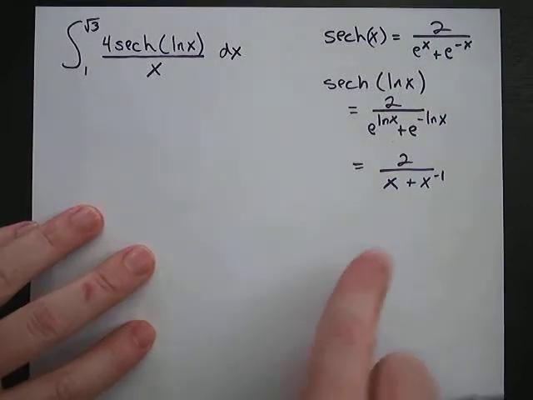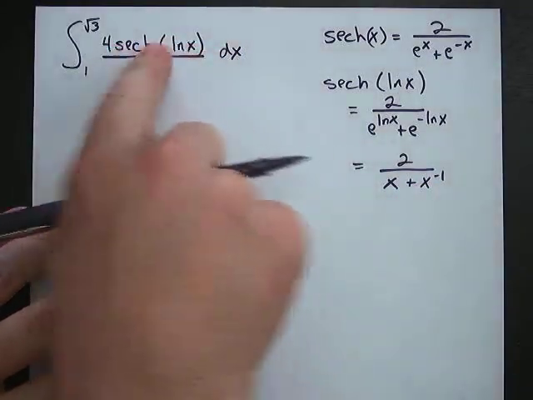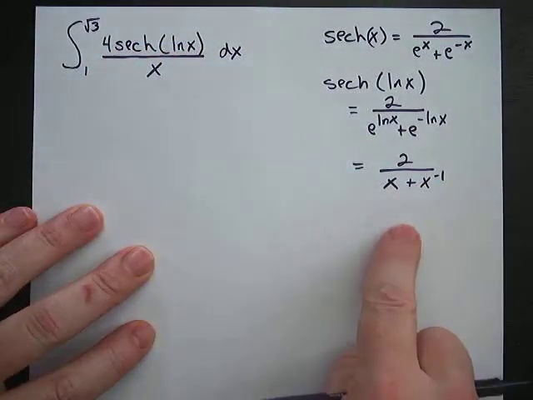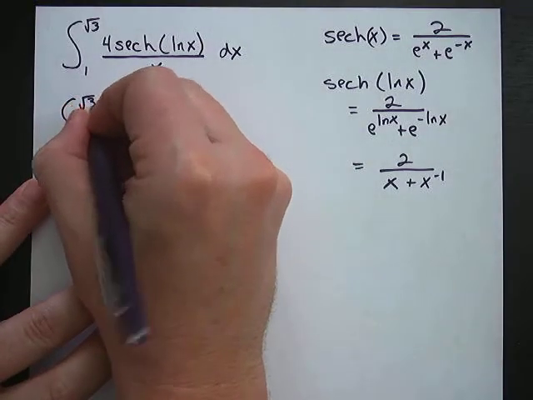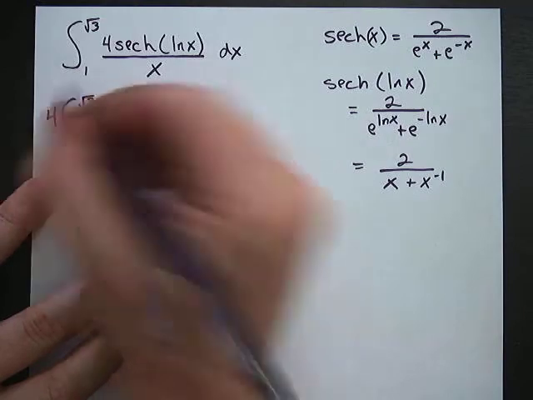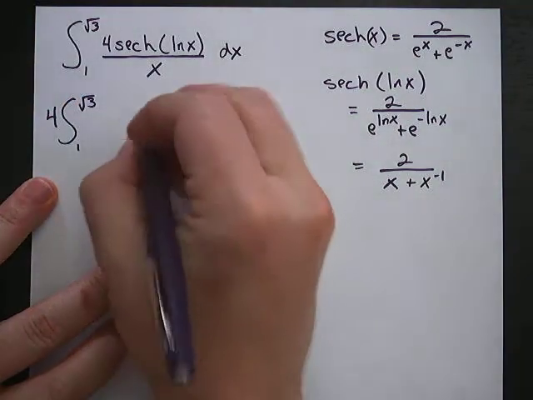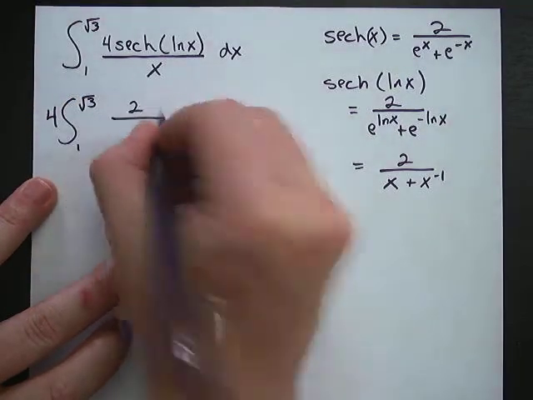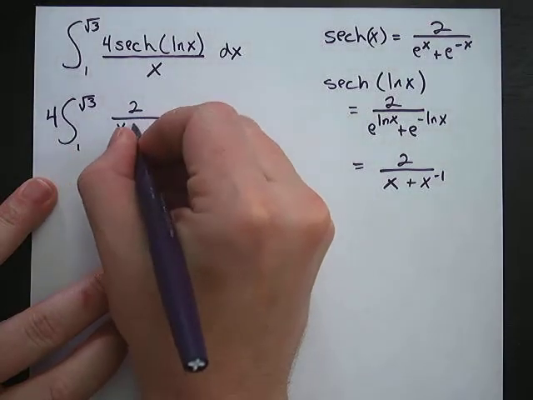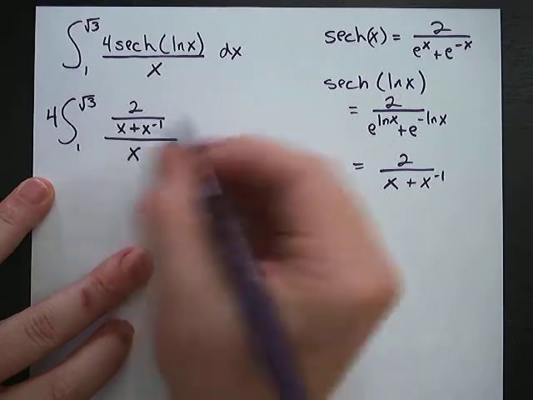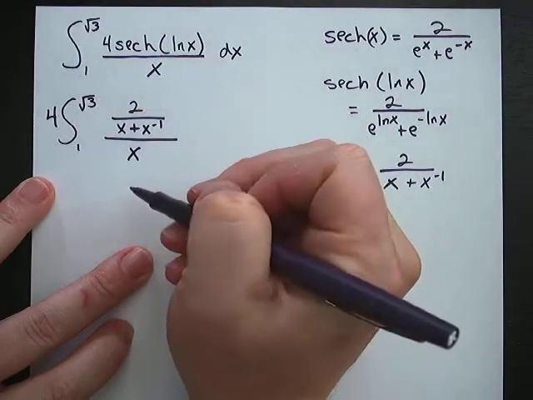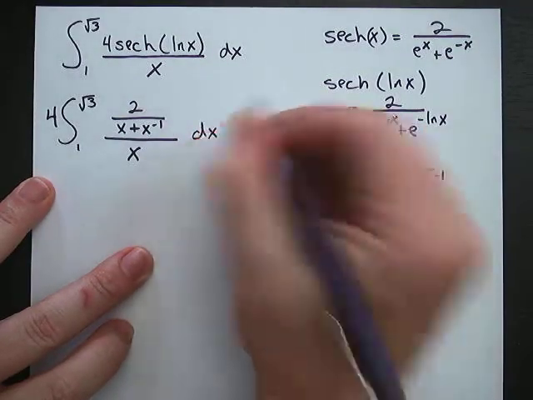Okay, so that's what happens when you plug in ln x there. Let's use that to rewrite this. We have the integral from 1 to square root of 3, with the 4 out front, and then 2 divided by x plus x to the -1, divided by the x that was already there, and dx.